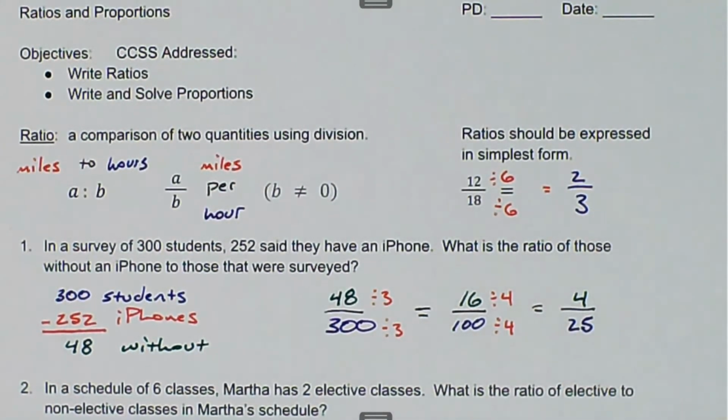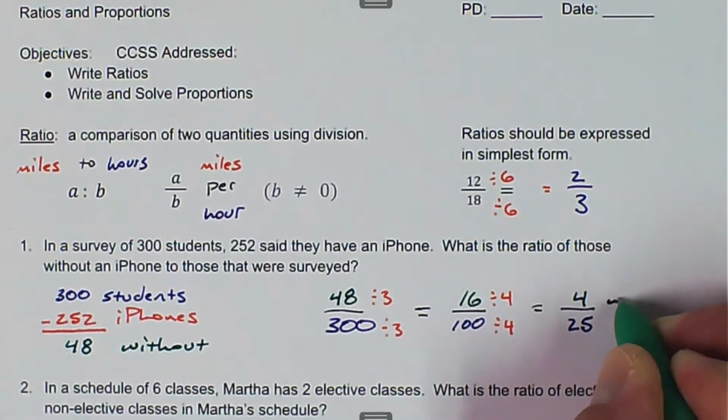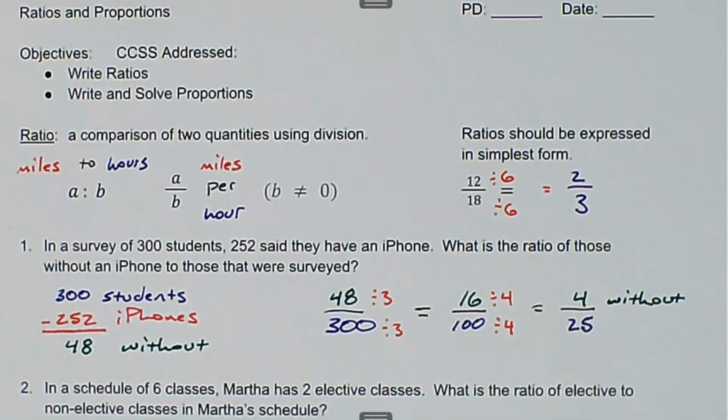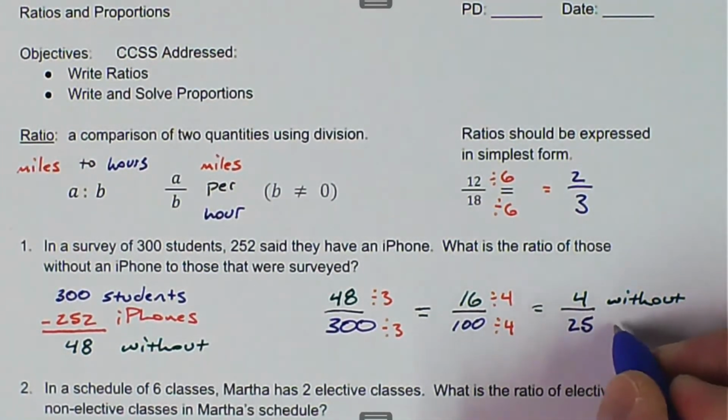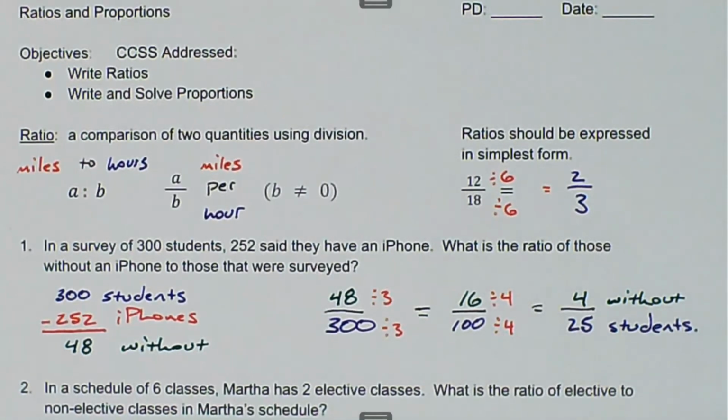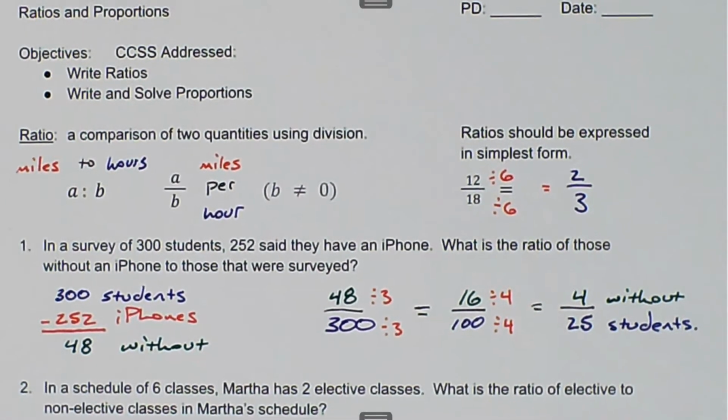So that is our ratio of 4 without an iPhone compared to 25 students total. So that was the first example.